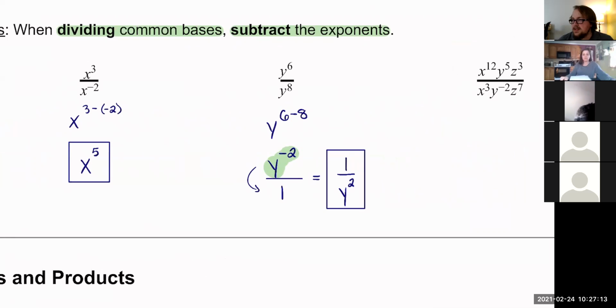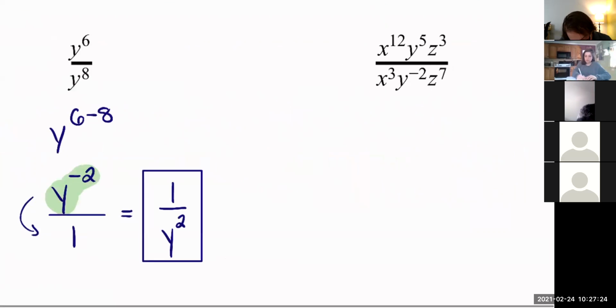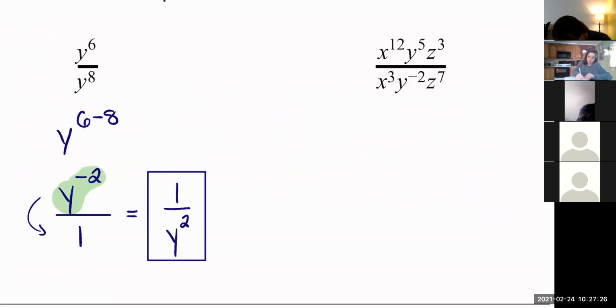And of course, last but not least, this still applies even if you have multiple unique sets of common bases. Just make sure you don't accidentally scramble the exponents. So again, organization is key here. So I have x to the power of 12 divided by x to the power of 3. That's hideous, but we'll go with it. So I get x to the power of 12 minus 3.